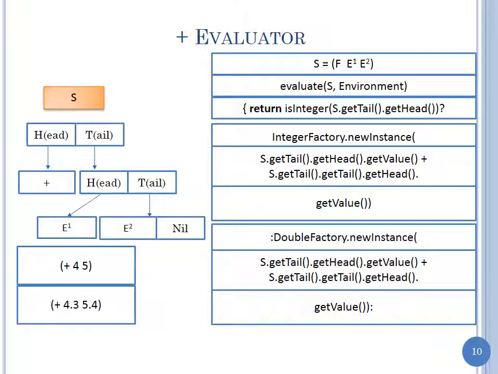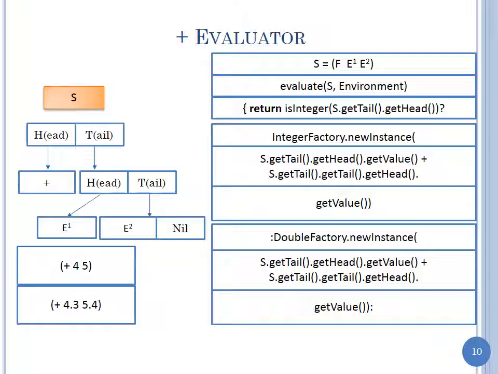This is assuming everything is correct, okay? So our input S expression is F E1 E2. And we have to evaluate S. We are calling an evaluator. So some S expression got created for plus F E1 and E2, and that went and called evaluate S environment.